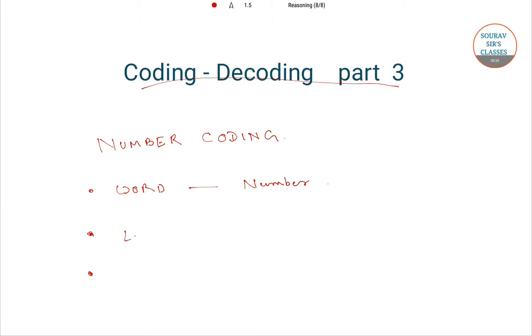Sometimes the letters in a word are replaced by numbers according to their positions, while sometimes the letters are replaced by numbers randomly.